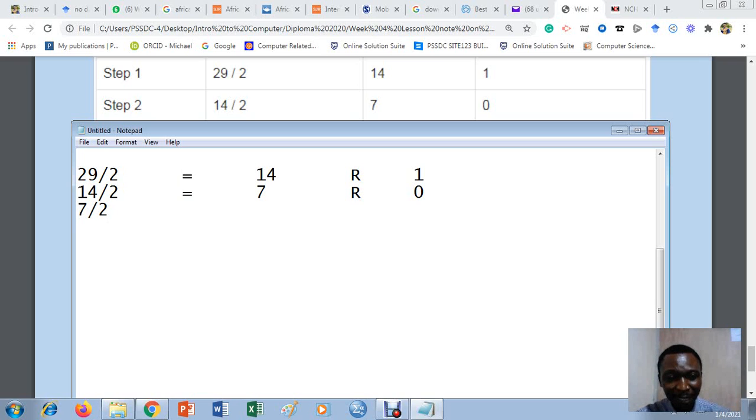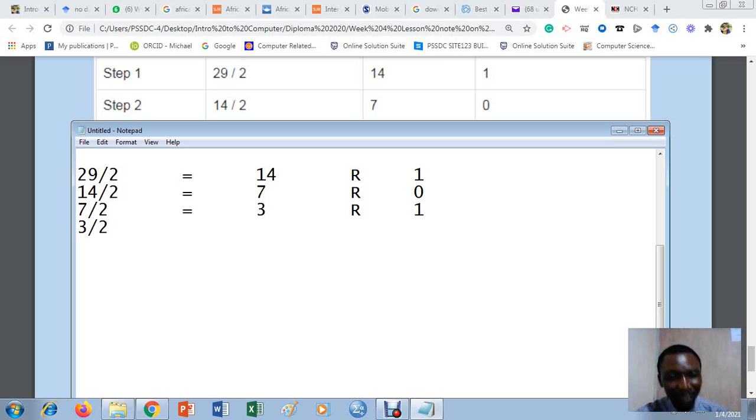Now, that's 7. Divide it again by 2, which will give us 3. Because how many 2 can you see in 7? You can only see 3. That was 6. So 7 minus 6, that will give us 1. So the remainder is 1. Now the 3 again, divided by 2.